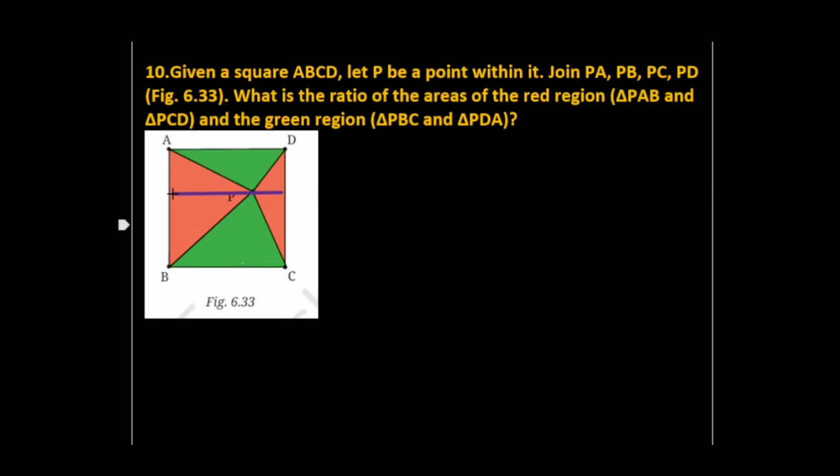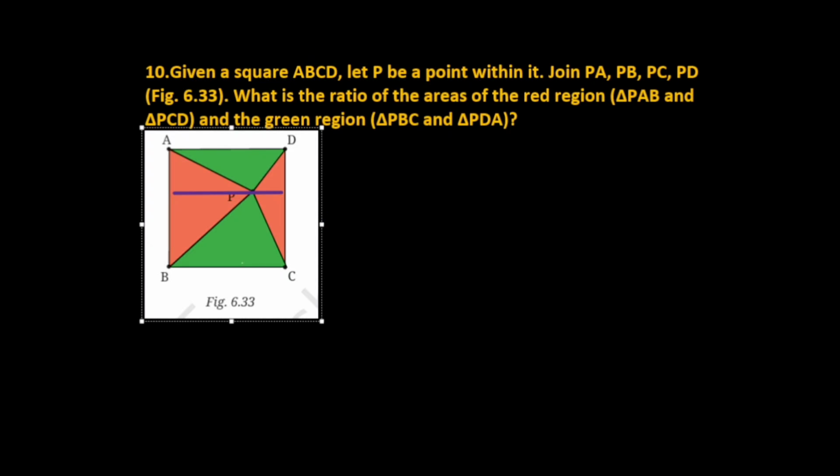If we take one line parallel to BC, that line is obviously parallel to AB also, since the quadrilateral is a square and opposite sides are parallel. So I am going to take these two lines. This is nothing but F.